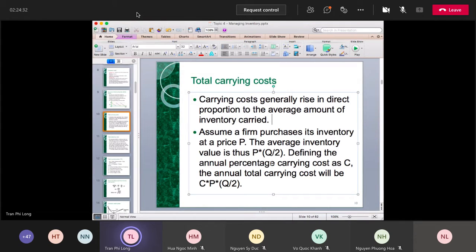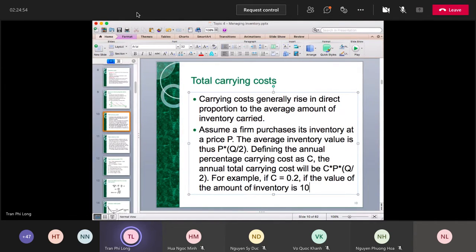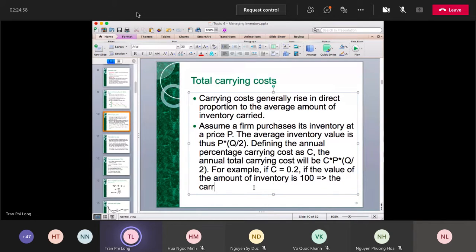For example, if SC equals 0.2, what can happen? If the value of the amount of inventory is 100, the carrying cost will be 100 multiplied by 0.2 equals 20.